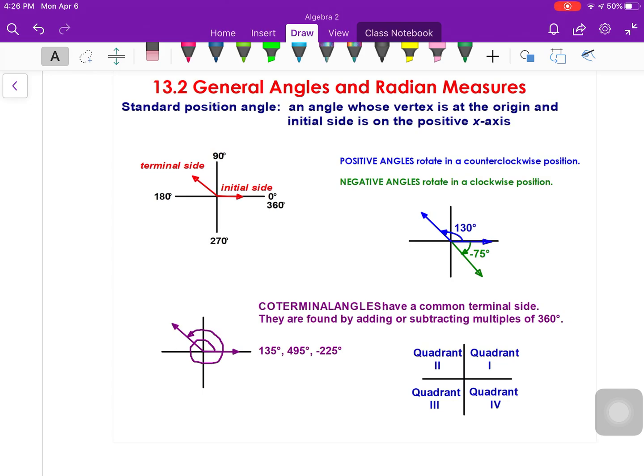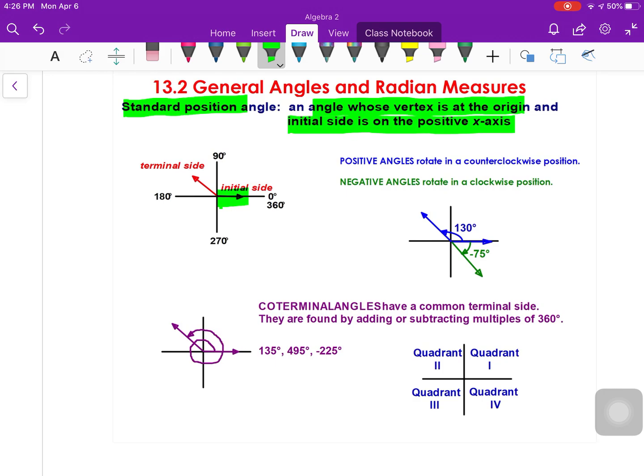When you draw an angle in trigonometry, you must draw it in its standard position. Its standard position is an angle whose vertex is at the origin, and its initial side is on the positive x-axis. Initial side means beginning side. Notice I have the initial side on the x-axis.